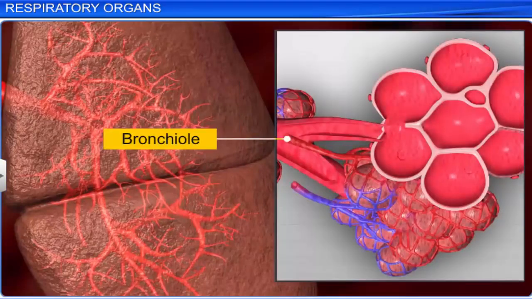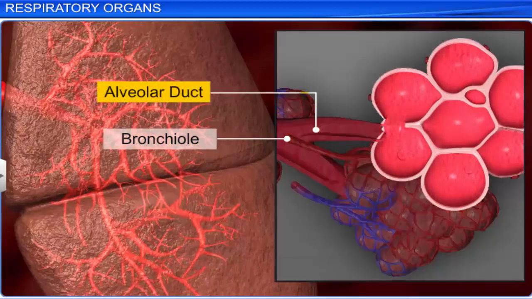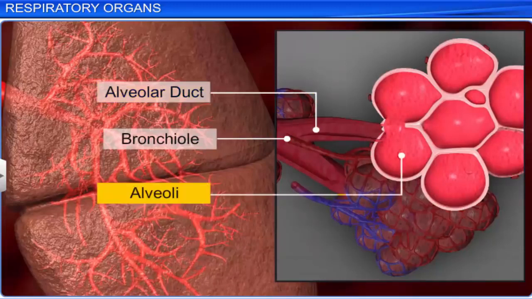The terminal bronchioles connect to ducts called alveolar ducts that open into tiny, spongy, air-filled sacs called alveoli, which look almost like a bunch of grapes. An average adult's lungs contain about 600 million alveoli.